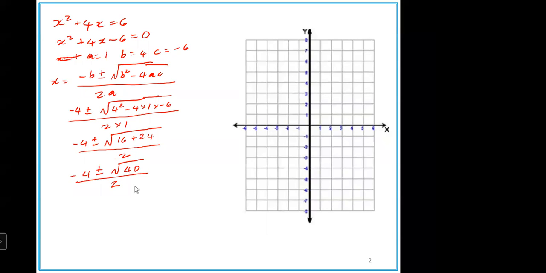Now, I think where you may have had a challenge is when it comes to the square root of 40.